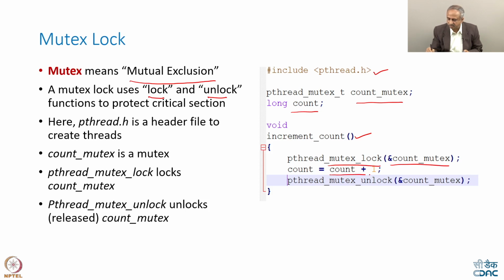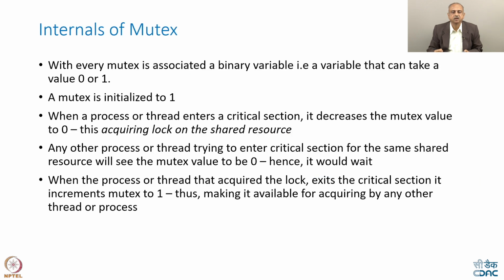Then it will increment the count, then it will release the lock by calling unlock. So, these primitives help the section, this is the critical section which is protected on one side by the lock and on the other side by the unlock primitive. This is how mutex works.